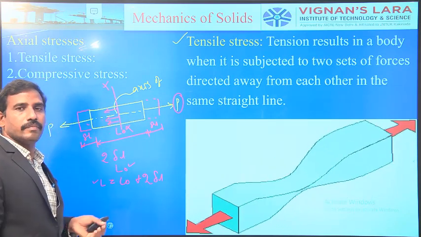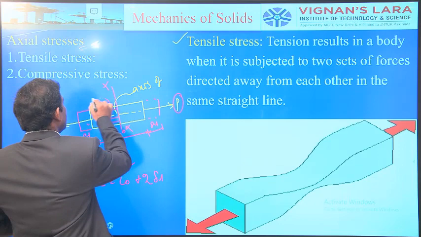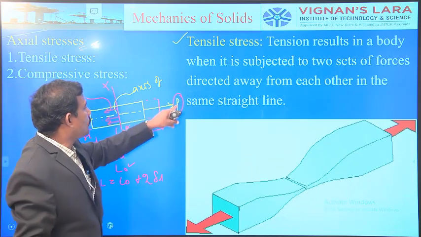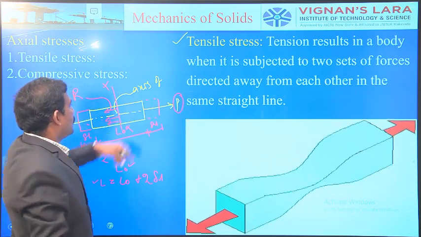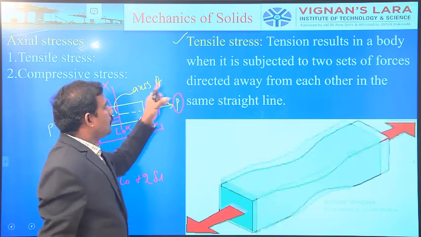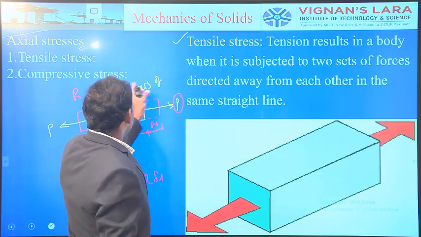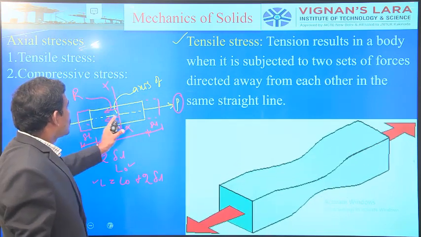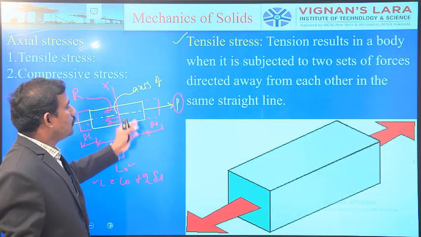That is the resistance force. Simply this is called the resistance offered by the body to the deforming force P. So that is called stress. Due to the tensile forces acting on a body, tensile stress and strain are induced.